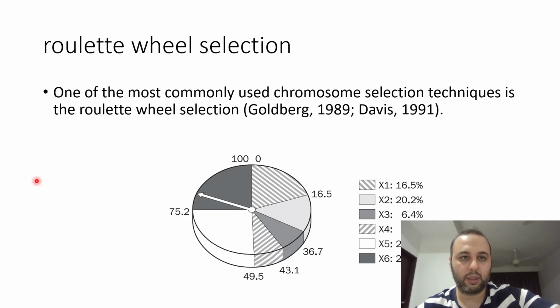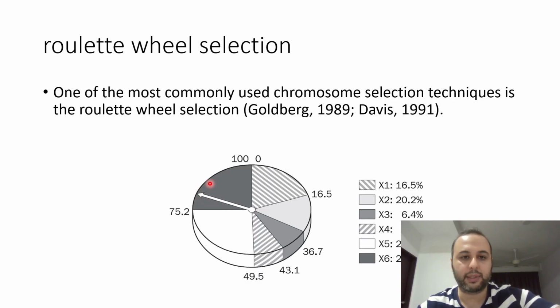Okay, what is roulette wheel selection? The most commonly used chromosome selection technique is the roulette wheel. You can see the roulette wheel is like a pie chart. This surface will rotate, and the pointer will stop.